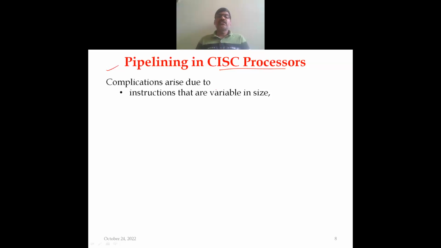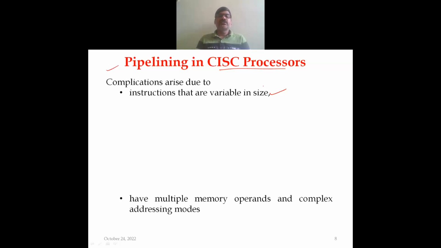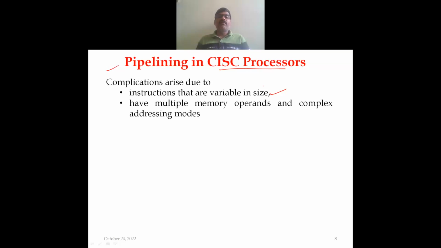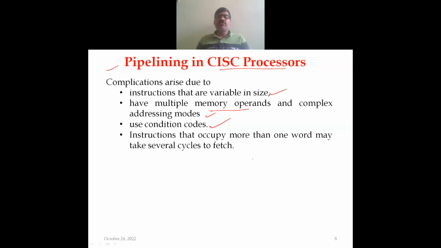Because of the following reasons, instructions are variable in size. CISC processors follow that the instruction length may vary from instruction to instruction, and there are multiple memory operands and complex addressing modes available in the CISC. The CISC processor will use condition codes, and instructions that occupy more than one word may take several cycles to fetch.